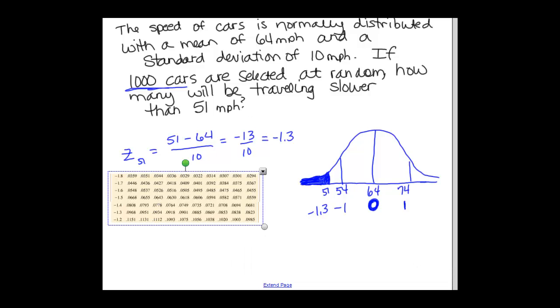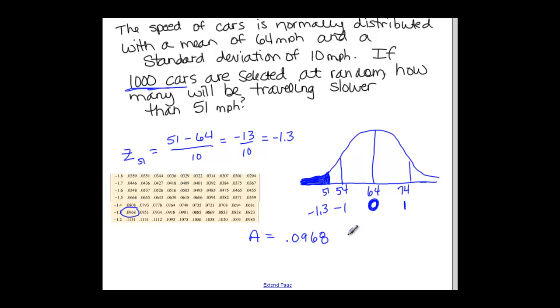So using the table, negative 1.3, we knew that it would be a very small percentage or a small area under the curve. It is 0.0968. That's the area to the left of the z-score negative 1.3, which was our piece of data of 51 miles per hour.